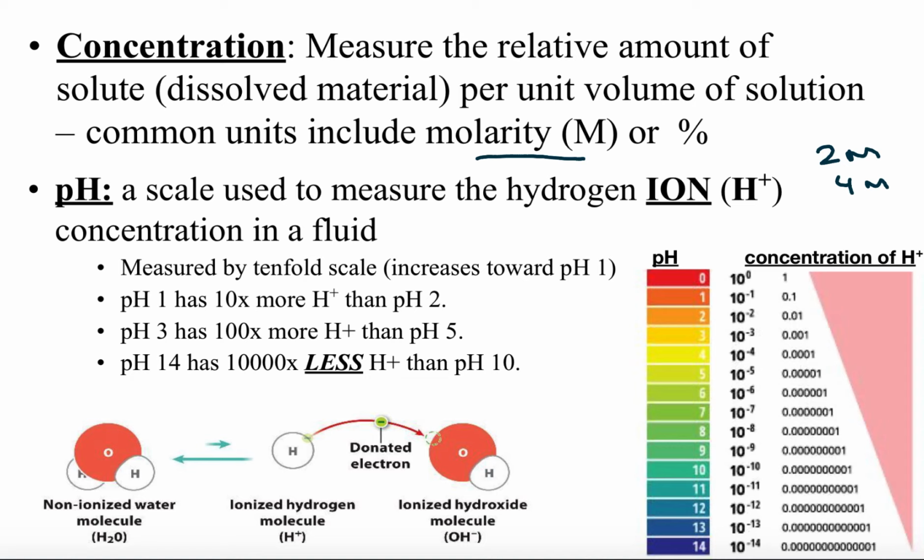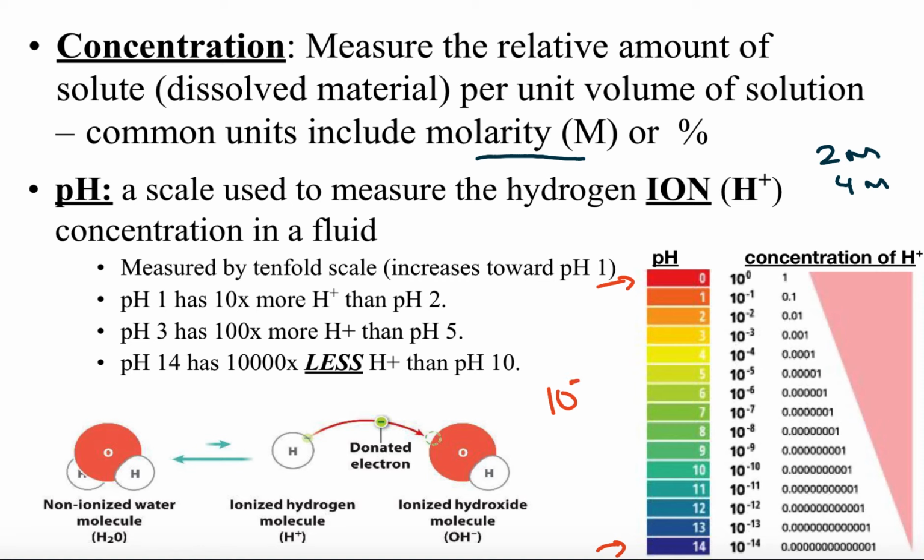What it means is the highest concentration of the hydrogen ion is found at pH 0, and the lowest concentration is at pH 14. A pH number is the concentration expressed as a negative exponent.